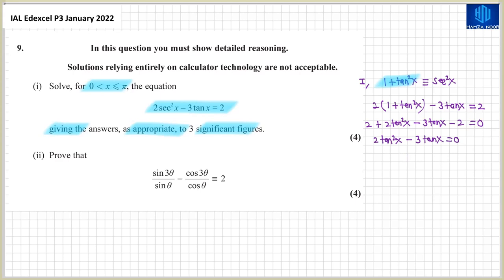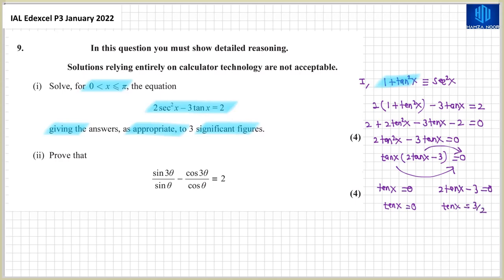In the next step, if we take tan x as common, we are left with tan x times (2 tan x minus 3) equals 0. First we equate tan x with 0, and secondly 2 tan x minus 3 equals 0. So we get two possible values of tan x: one is 0 and the other is 3 over 2.